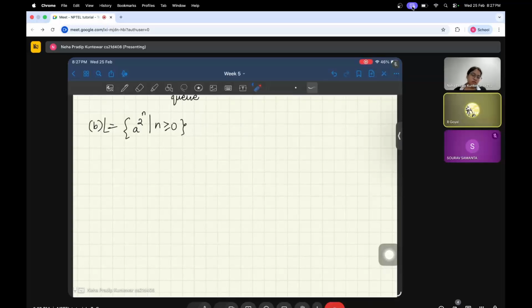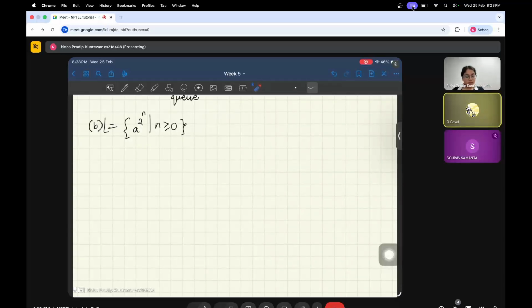What are some of the valid strings for this language? Say a, which is an exception, and otherwise it would be 2 a's, then 4 a's, then 8 a's, right?